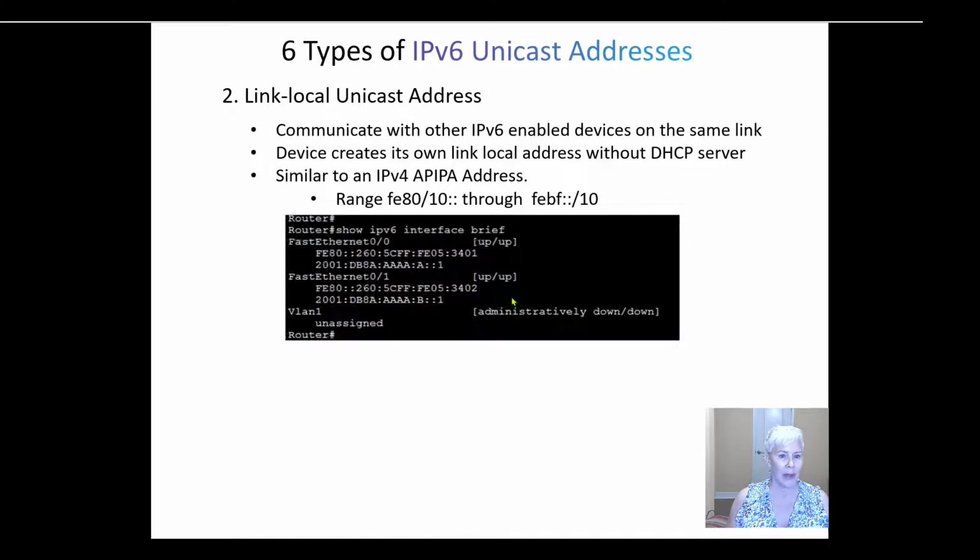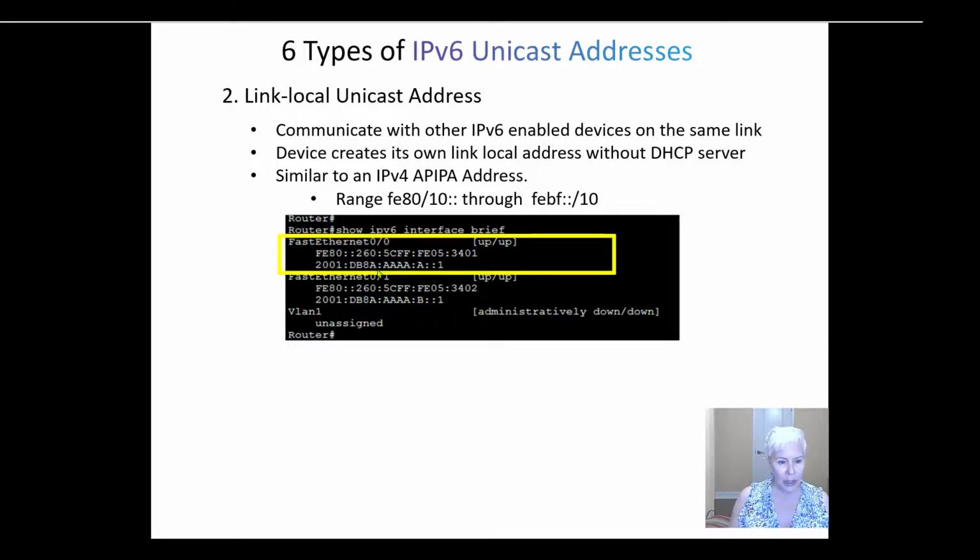The other place that I said it will auto-generate is on ports, your interfaces on your router. Here's my router. Here's FastEthernet 0/0. Notice it's up. Now, I do have a statically assigned IPv6 address on this, 2001:DB8A:AAAA, so that's statically assigned.